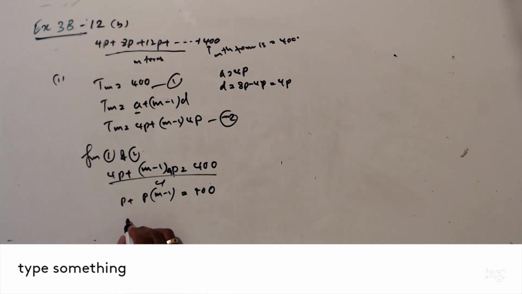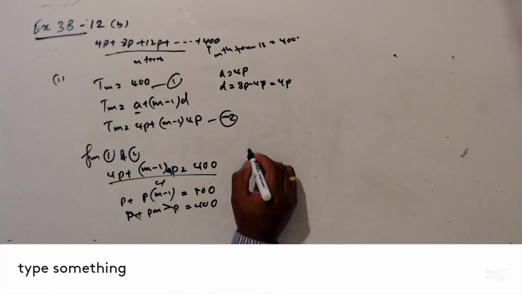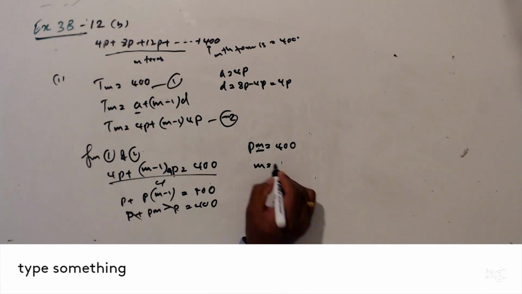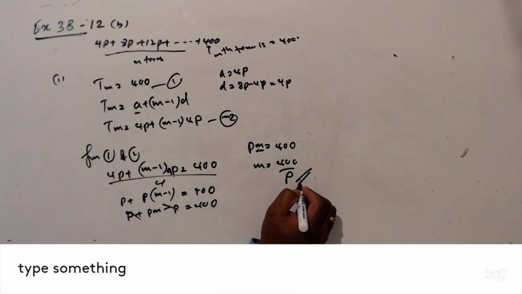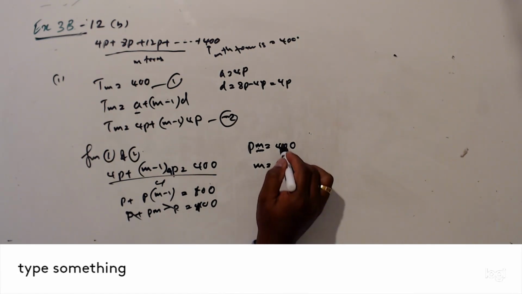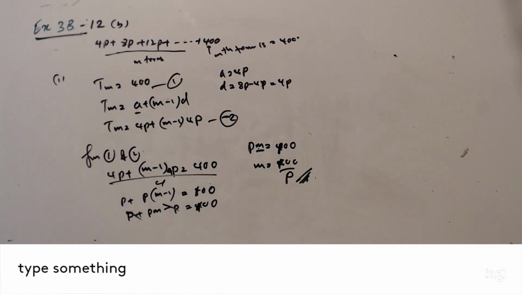So p plus pm minus p equals 100, p and minus p cancel out. pm equals 100. We need the number of terms m, which is 100 over p. There is a small correction: 400 divided by 4 is 100, so this is 100 and m equals 100 over p.